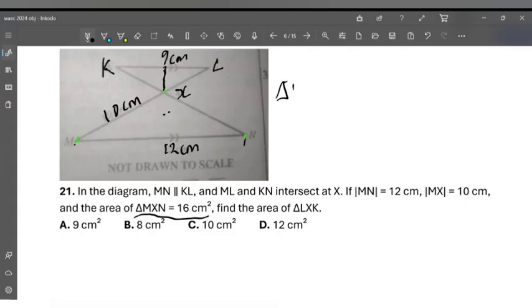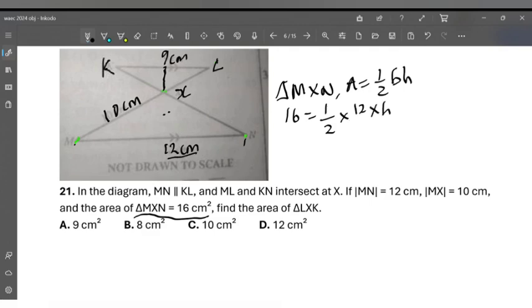So for triangle MXN, we know that area is equal to half base times height. The area was given to us as 16, which is equal to half times the base. The base is here, 12 centimeters, times the height, which is what we are looking for. If I multiply both sides by 2 to cancel the 1/2, I have that 32 is equal to 12 times height.